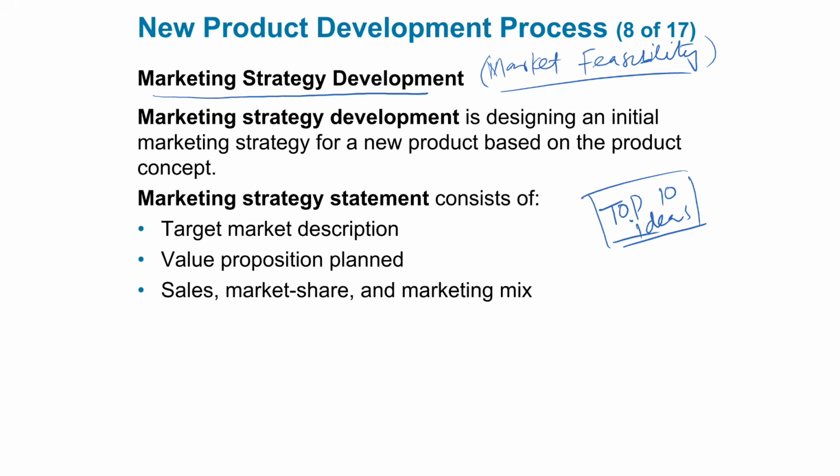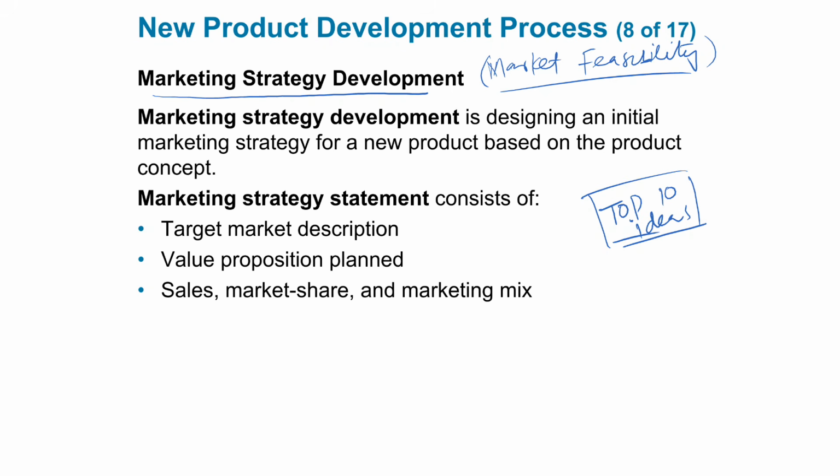So I told you that out of the 70 to 100 ideas, you selected top 10 ideas. Why? Because you dropped the fake ideas, the science fiction kind of ideas or the poor ideas, and you selected top 10. Now these top 10 ideas are the ideas that you have to test with the market, not with your business, with the market, outside with the market, that can the market produce these ideas.